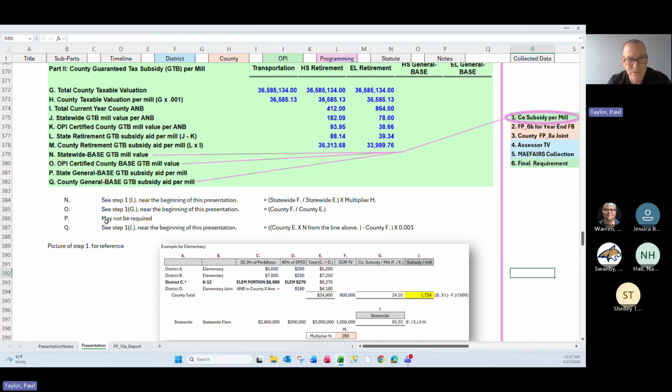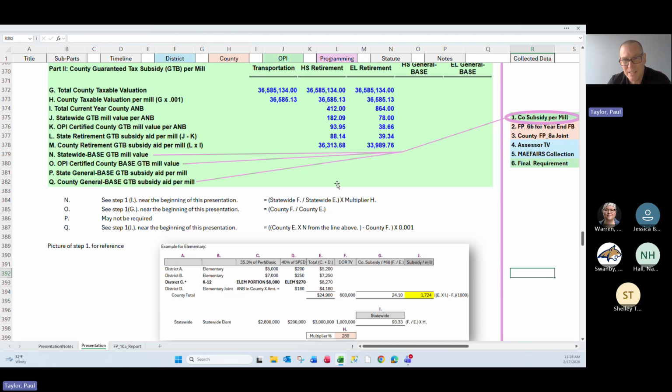And then I don't know that we need P. We'll talk about that internally. But this then is essentially going to be not quite this calculation. Anyway, it will be this.